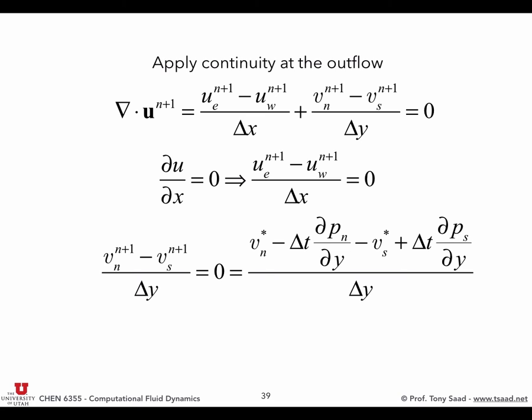Now we apply our projection splitting on these to get the Poisson equation for the pressure at the outflow. And you can immediately tell what we did. We dropped the coefficient 2. We dropped 2 from the coefficient of the cell center because these are canceled out, and we dropped the east and west coefficients for the pressure.